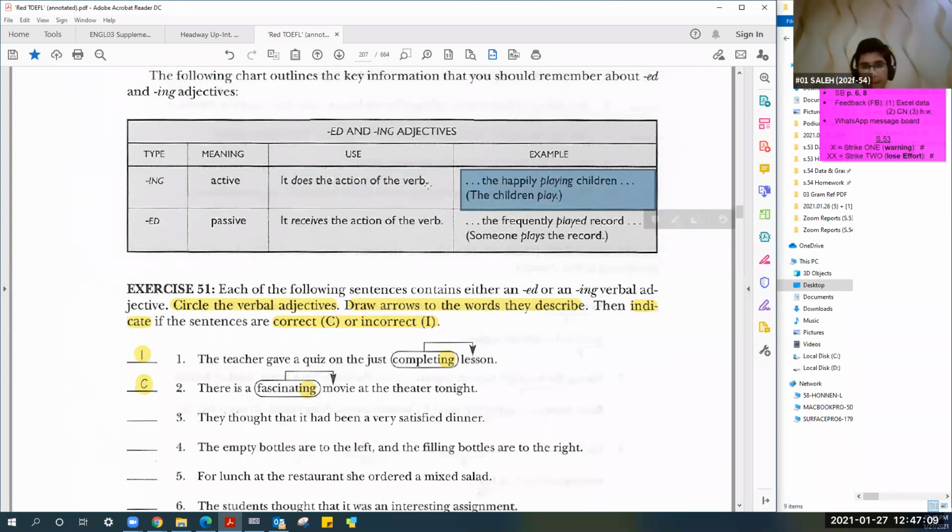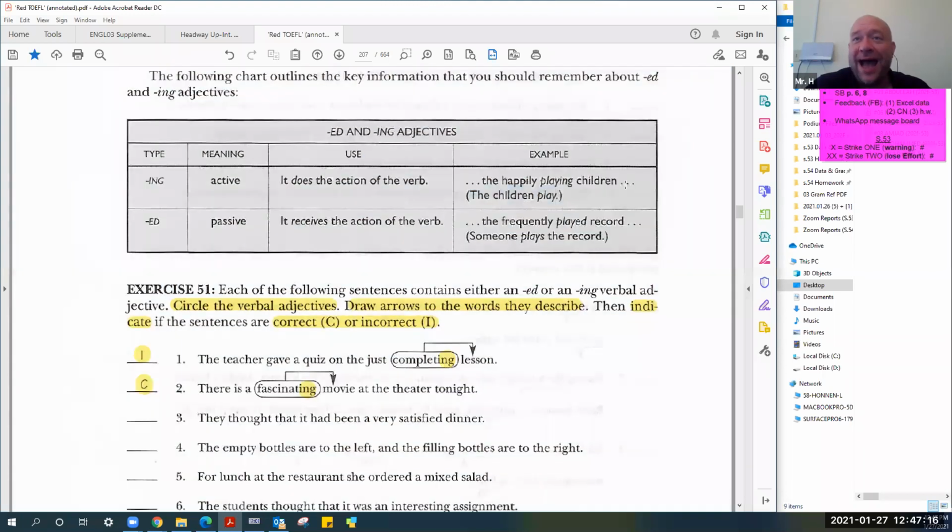The happily playing children. The children play. If you say the happily playing children, that means the children do the action. Understand? Children play. All right. Abdulaziz, what's the second type, the second kind?